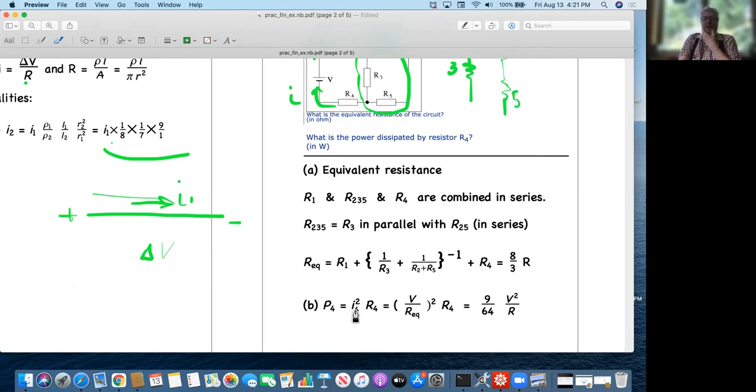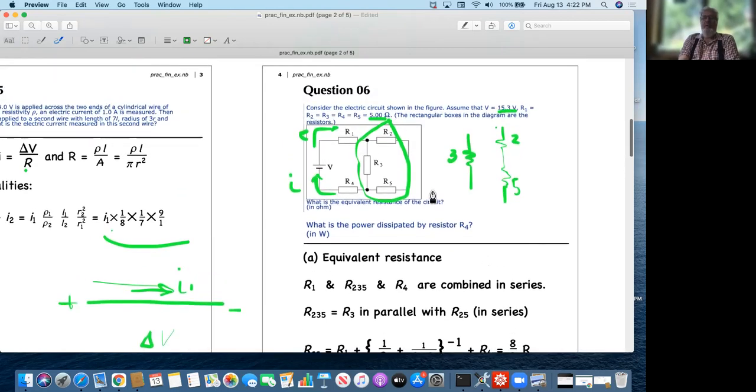The power is I squared R. So again, this is an equation you need to remember or have written down on your equation sheet. Power is I squared R in a resistance. So I is V over R equivalent, squared times R4, and that'll turn out to be some number times V squared over R.